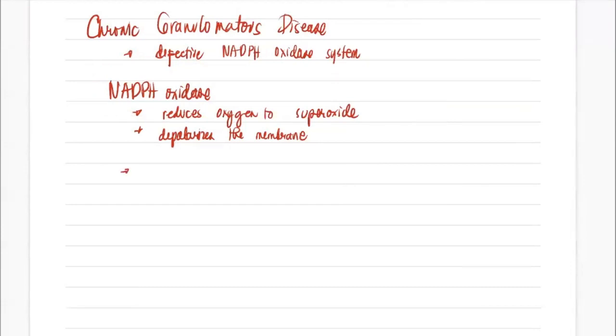Therefore, you are characterized by severe recurrent infections. Yan. Okay? Now, I think also important is to take note of the tests for chronic granulomatous disease.